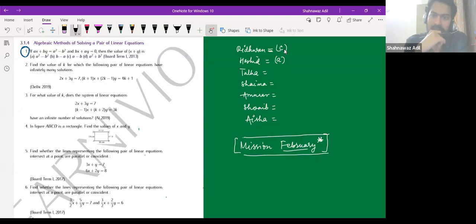Yes, Talha, Shaima, Amar, Shoaib, Aisha. Oh, Rizwan is correct. It's option C. So Rashid has changed. Now we have a confirmation. Shoaib is also getting C.